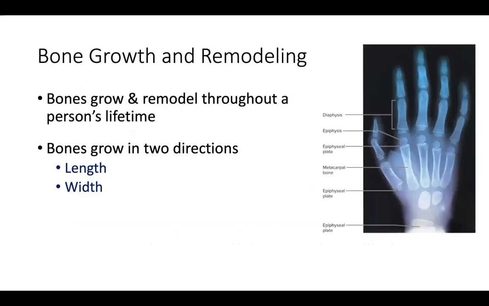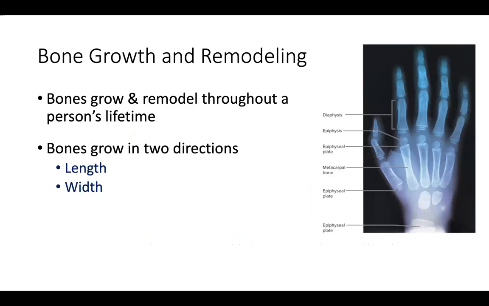I'll just barely get into the bone growth and remodeling process, and we'll finish it up on Wednesday. So like I said, your bones are growing and remodeling throughout your life. They're not static once you stop growing. They're still dissolving and reforming throughout your entire life. They're growing in two directions.